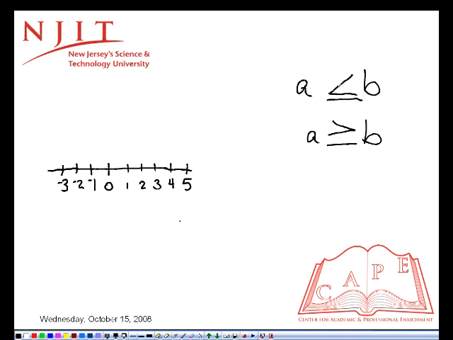So this would be less than or equal to. This implies greater than or equal to. So here you're saying that A can be less than or it can be equal to. On the second one you're saying A can be greater than or it can be equal to.